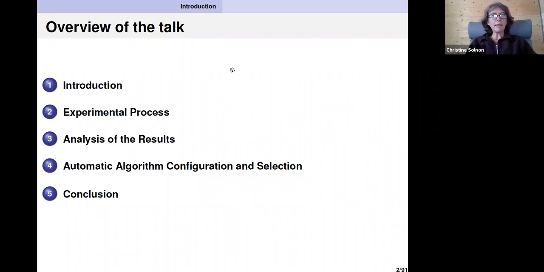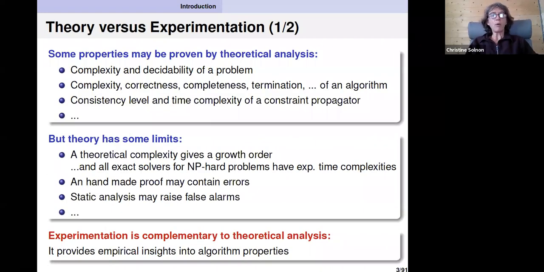So a very quick introduction to say that, of course, theory is very important, and a lot of properties can be proven by a theoretical analysis. In particular, we can study the complexity of the problem, and we can also study properties of algorithms. But theory has some limits.